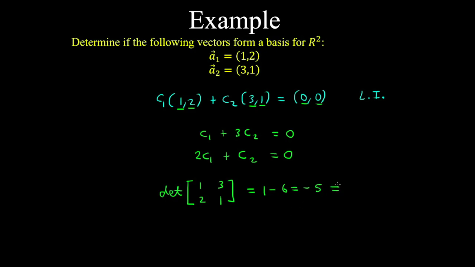And given that the determinant is non-zero, then this system of equations only has the trivial solution, being C1 is equal to 0 and C2 is equal to 0. So therefore the set of these vectors is a linearly independent set.